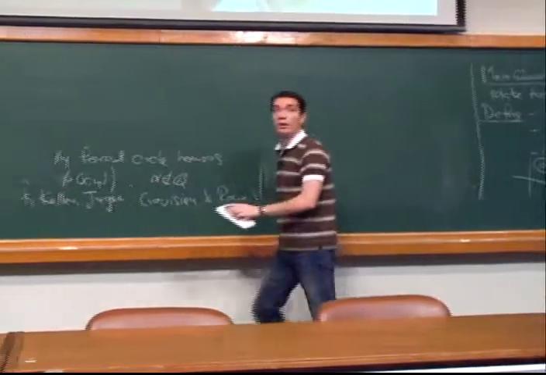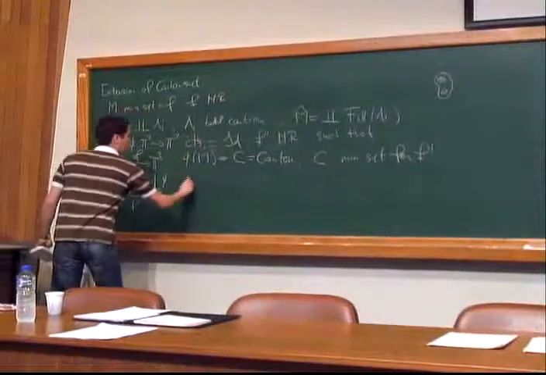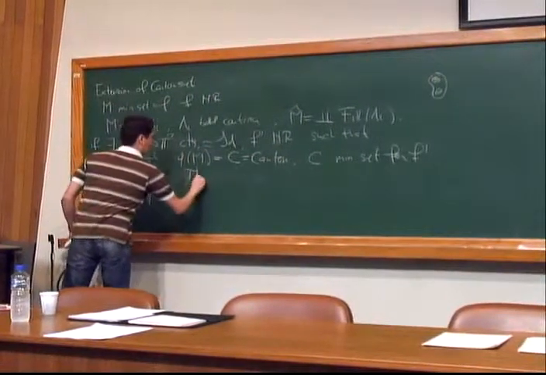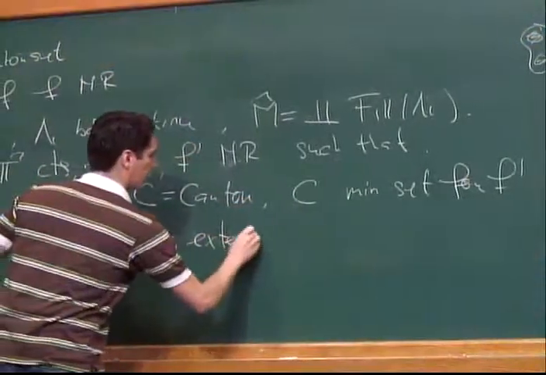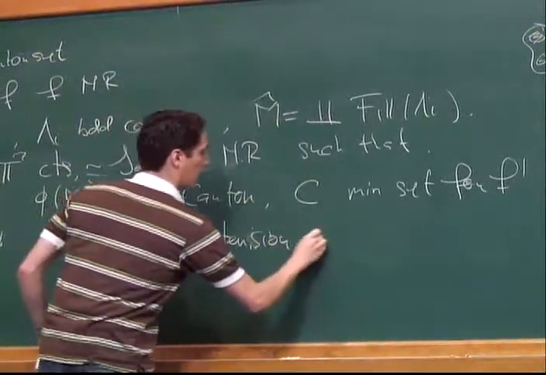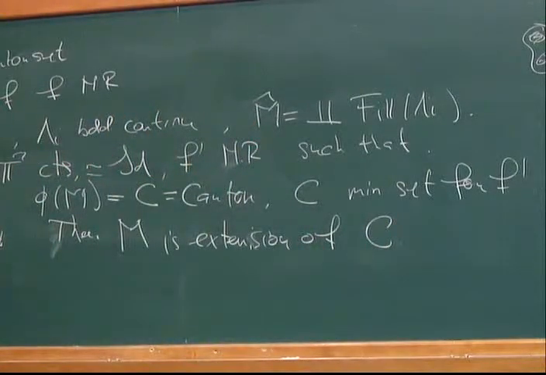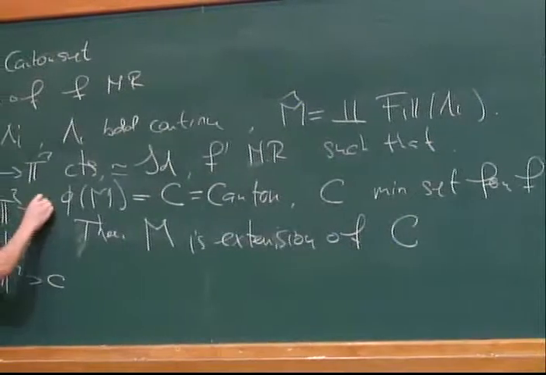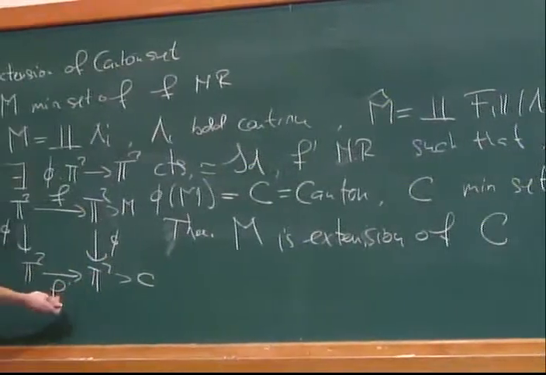M is an extension of a Cantor set. Okay, so your Cantor set lives here, and M lives here. So you fill M in, quotient it out, and you get your Cantor set here. And so this is a Cantor minimal set for this vector here.